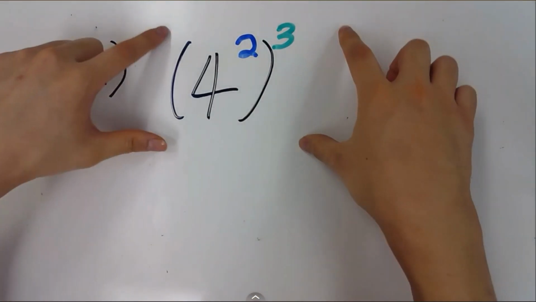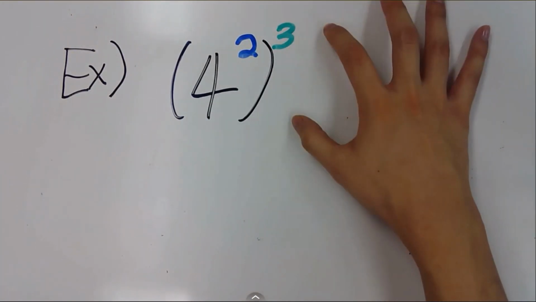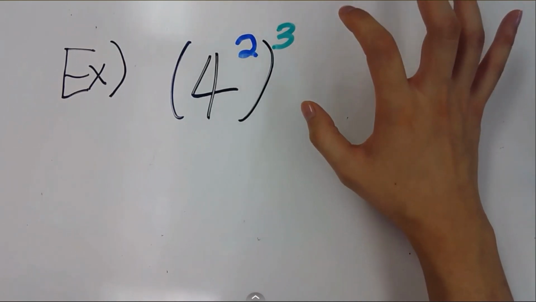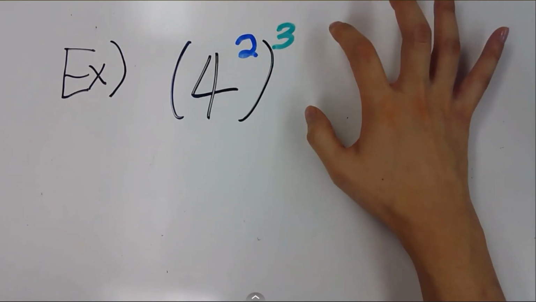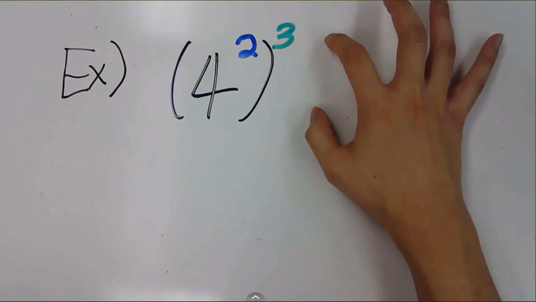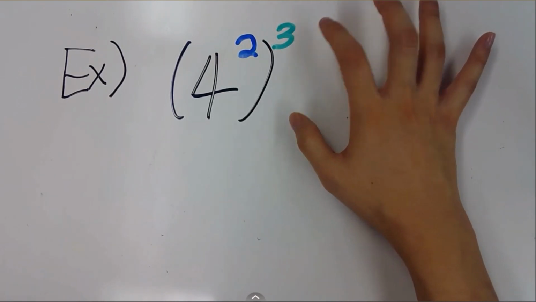So let's try to solve this. So here, we are going to simplify this expression. What I mean by simplify is I don't really need you to be getting the exact answer for this. As in, we're not going to calculate this, but we're going to try to make this look more simple.